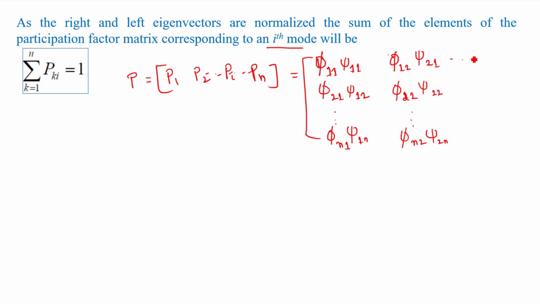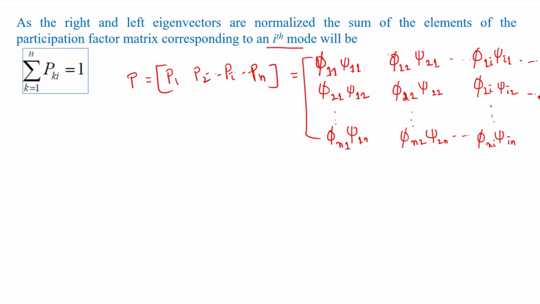And similarly, if I write the ith element, I can write it as psi of 1i, phi of i1, phi of 2i, psi of i2, dotted up to phi of ni, psi of in.